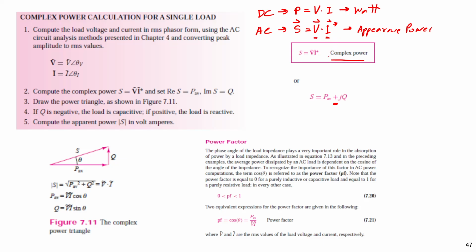When we multiply voltage and current with their angles, the product of V and I is the magnitude of voltage times the magnitude of current, and then the phase shift between voltage and current. Because I is conjugated, the angle becomes negative. Okay, we get this value.